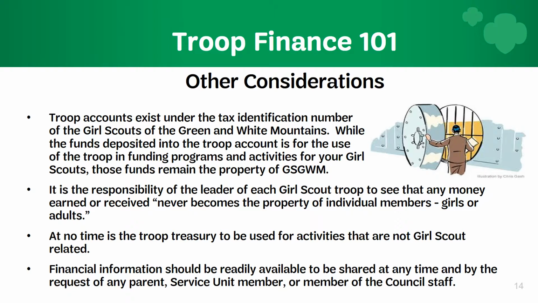It is the responsibility of the leader of each Girl Scout troop to see that any money earned or received never becomes the property of individual members, either girls or adults. At no time is the troop treasury to be used for activities that are not Girl Scout related. Financial information should be readily available if requested by any parent, service unit member, or council staff member.